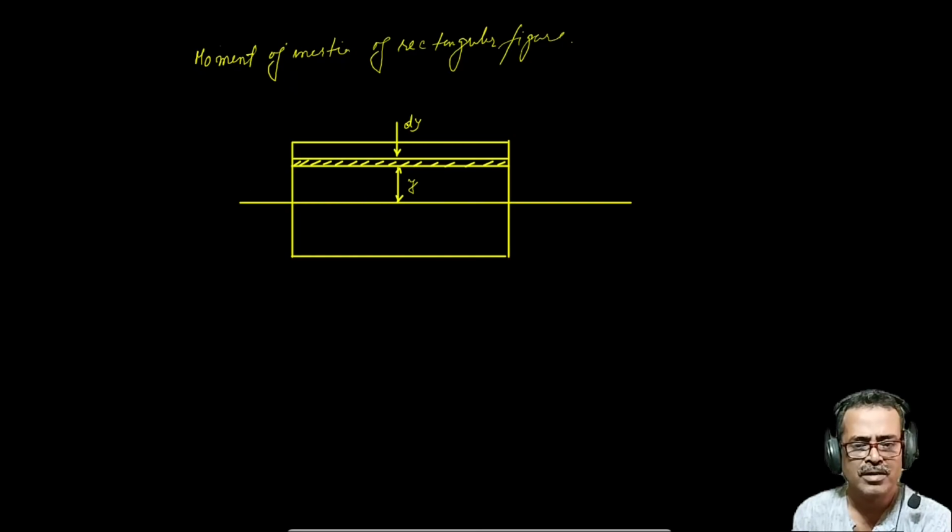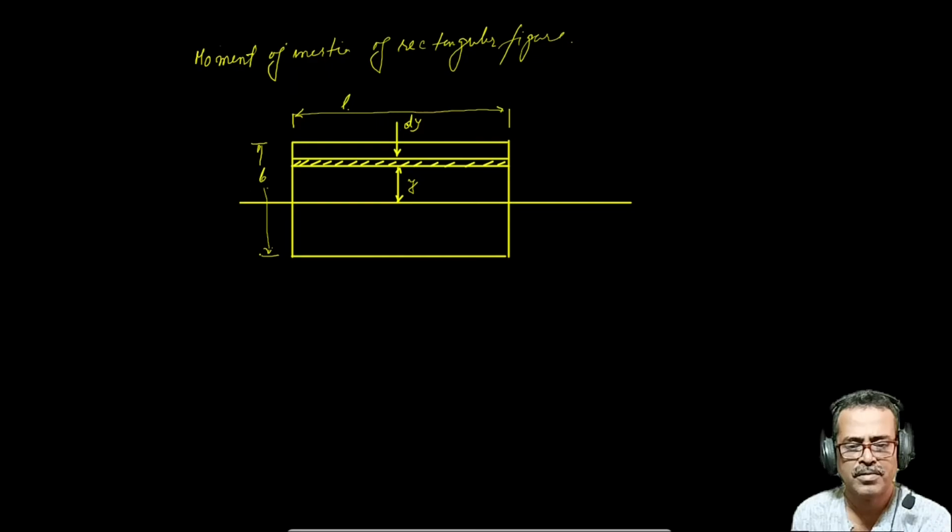Let B be the width of the lamina and L the length. Let M be the mass of the figure.